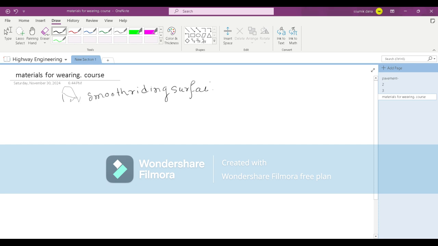Smooth riding surface. It reduces the pressure exerted by the tires and takes up wear due to the traffic. It provides safety against infiltrated water. So this is impermeable. Third point.